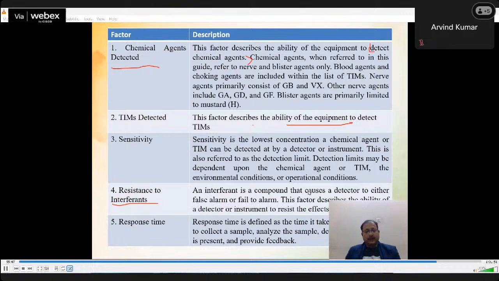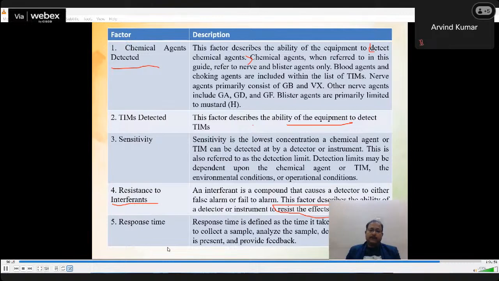There should not be an interferent, and it's again a factor of consideration whenever you are going to choose a certain detection mechanism. This factor describes the ability of a detector instrument to resist the effect of interference. It is not that mustard gas or blister agent is there and your detection mechanism is showing no variance. The complete detection mechanism will have failed if we are focused upon that part.